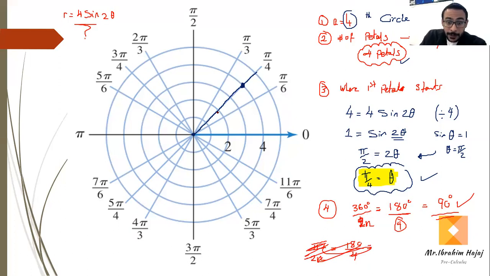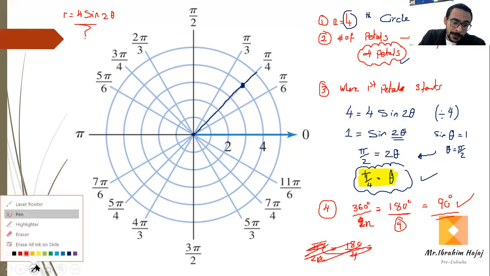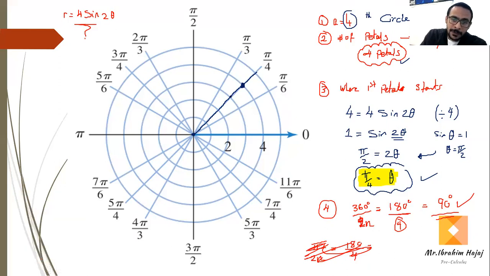Next part, change the color again. You see from this line we have to move 90. So pi over 4 plus pi over 2, or plus 90, gives what? Pi over 2 plus pi over 4 is 135.